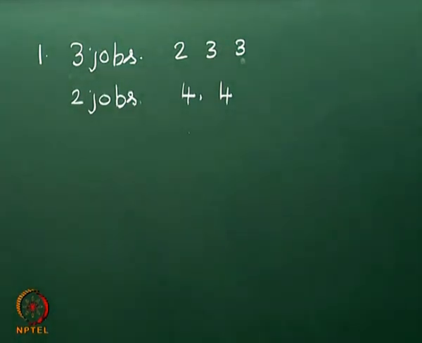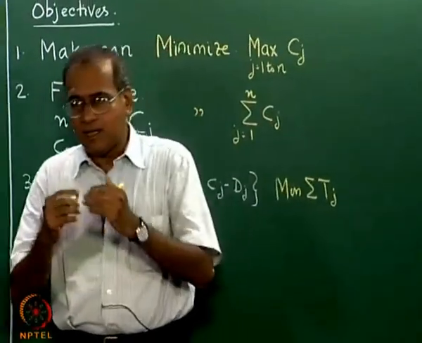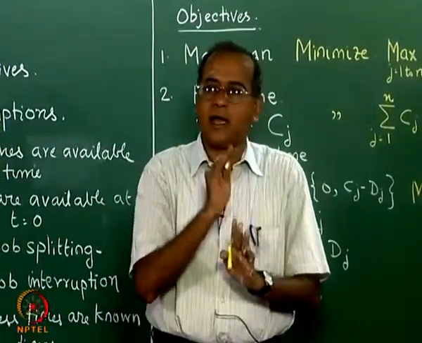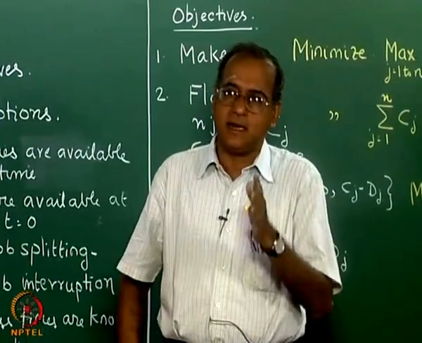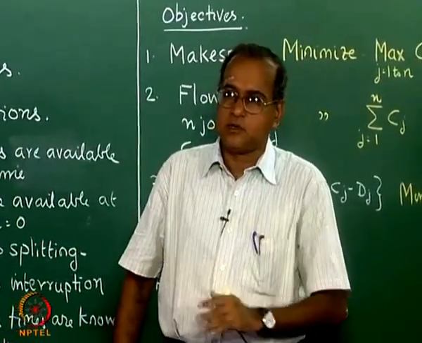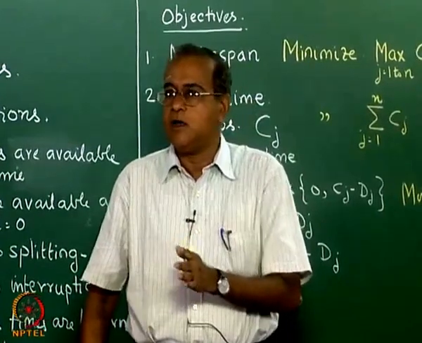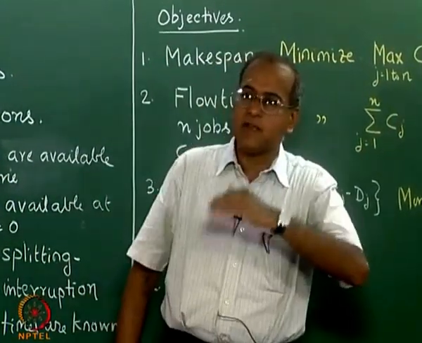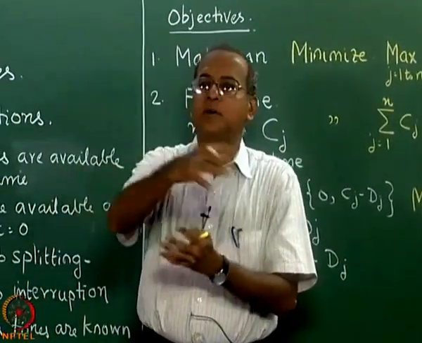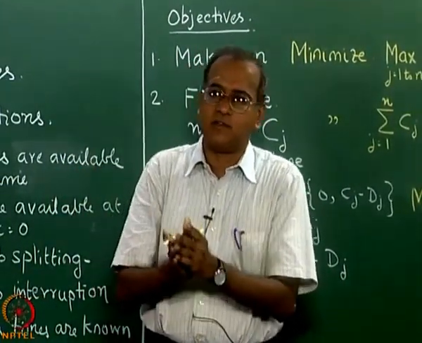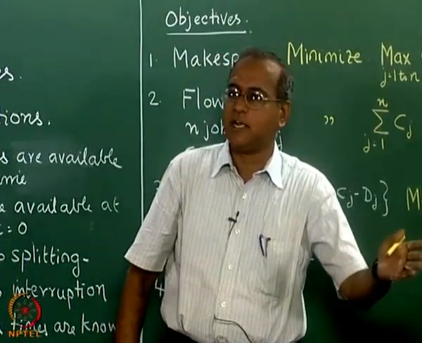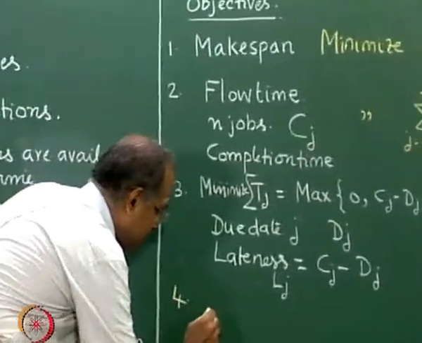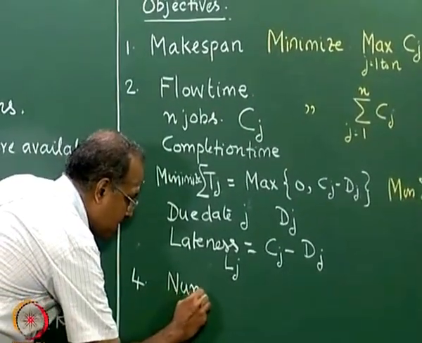So essentially, in addition to being concerned about the delays, we should also look at the number of jobs that are late or tardy. So the number of jobs that are tardy also becomes a meaningful objective, and that at times depends on the number of customers who are getting affected because of the tardy jobs in the scheduling system. So the fourth objective will be to minimize the number of tardy jobs.